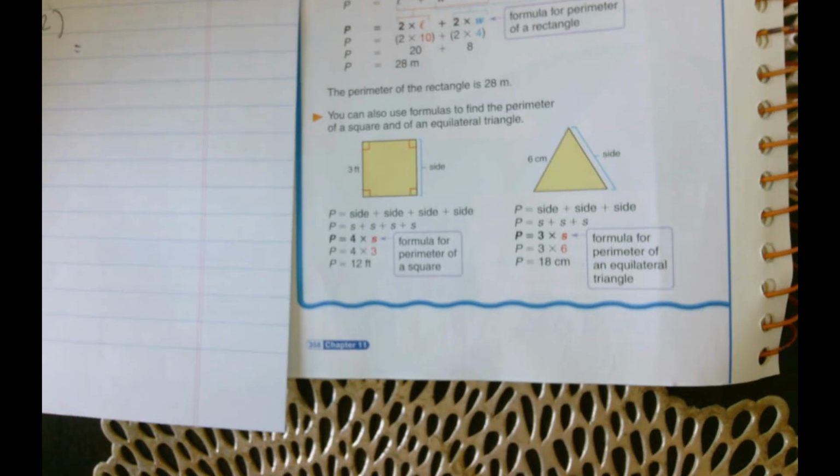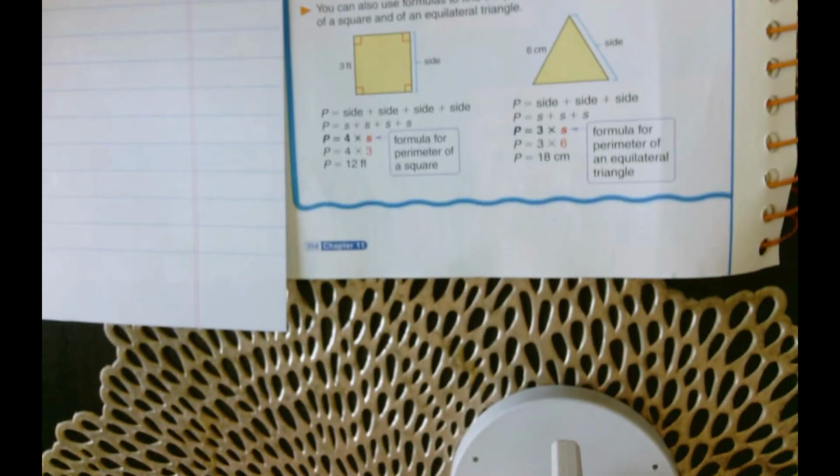And make sure you label it. Once you do that, I'm going to give you 2 problems, just like we did with the rectangle. One will be a square, one will be the equilateral triangle.